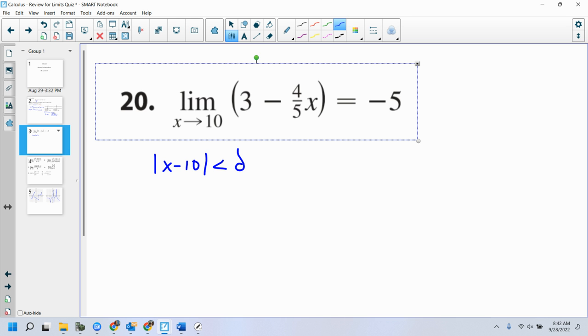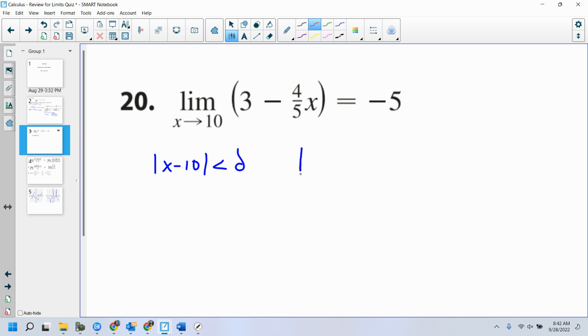That's the piece I'm looking for, and I'm going to look for that within this: the absolute value of 3 minus 4/5 x minus -5 is less than epsilon. Everybody follow me there?